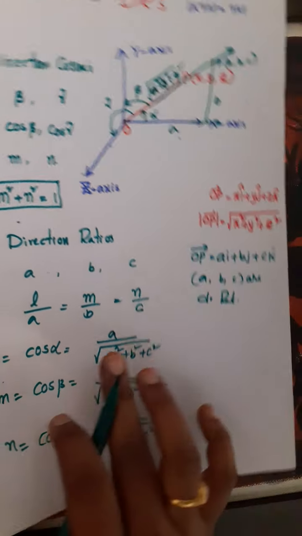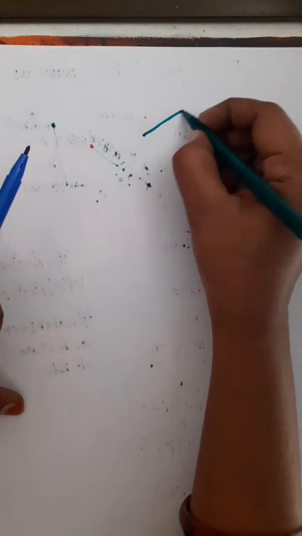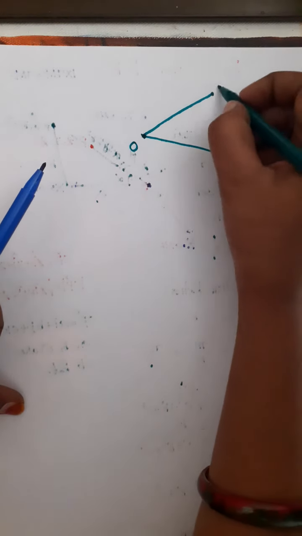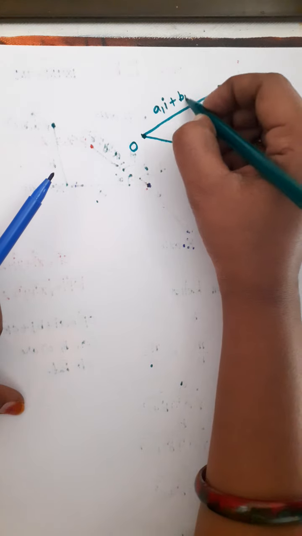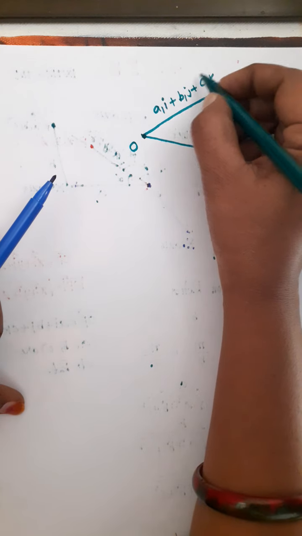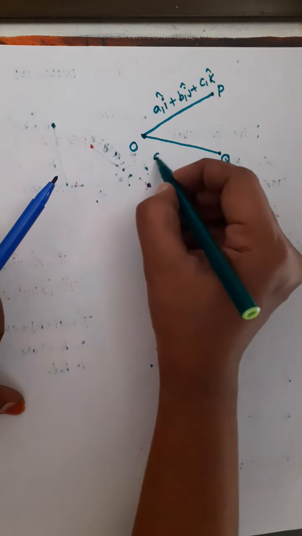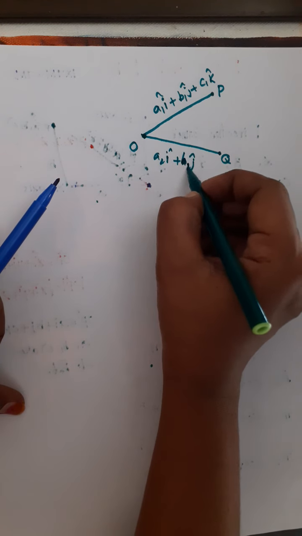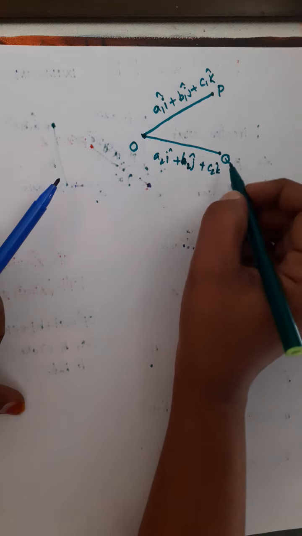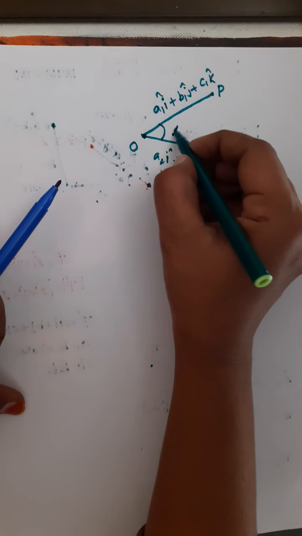And suppose you have two lines here. This is a point O, P, Q. Suppose these are the vectors A1I plus B1J plus C1K and A2I plus B2J plus C2K, with an angle theta between them.